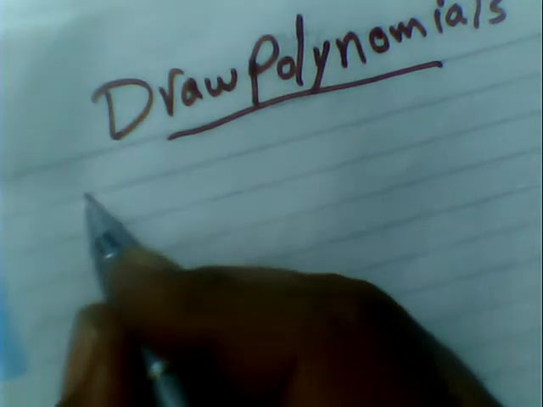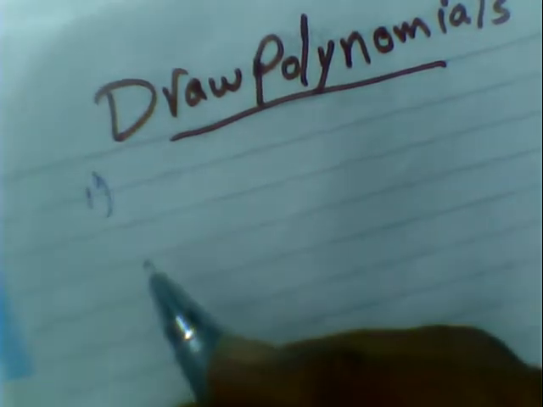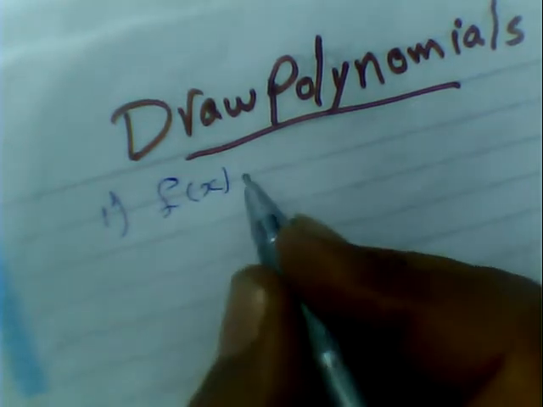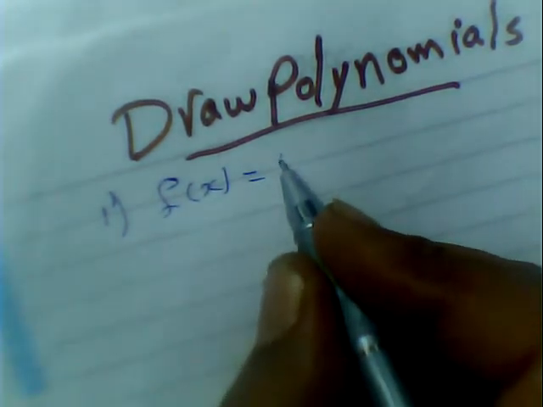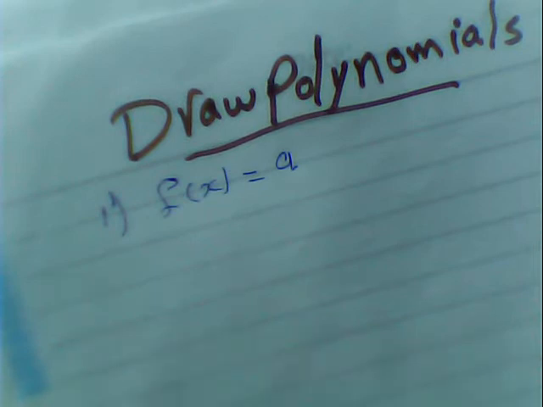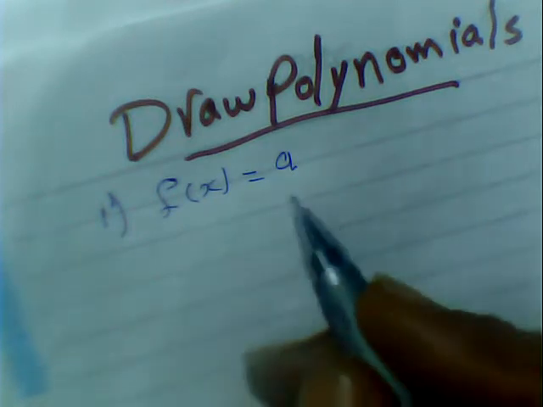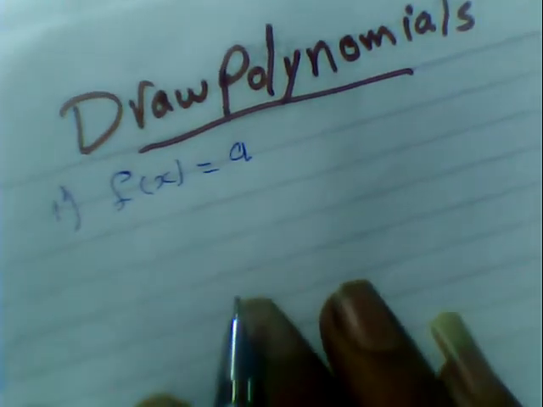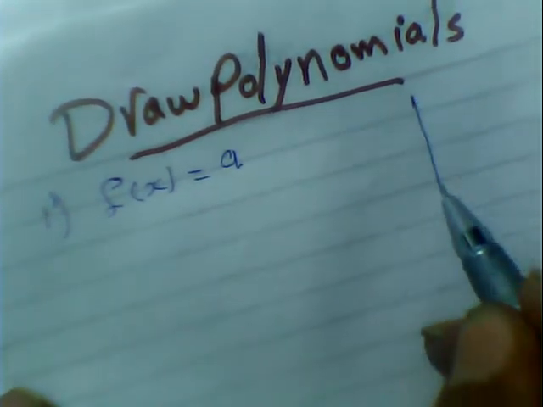We begin first with the constant function, f of x equals 7, or a, any number like 1, 2, 3, minus 3, any number that you can imagine.